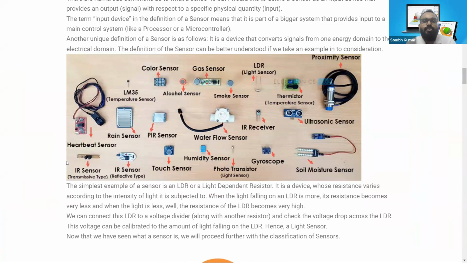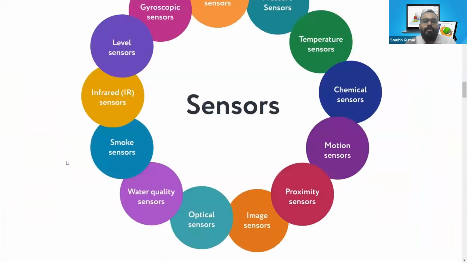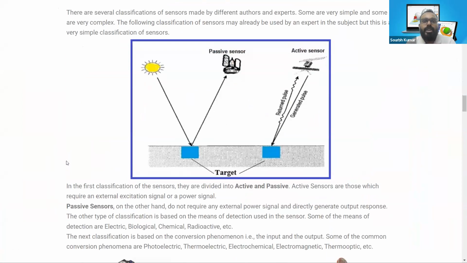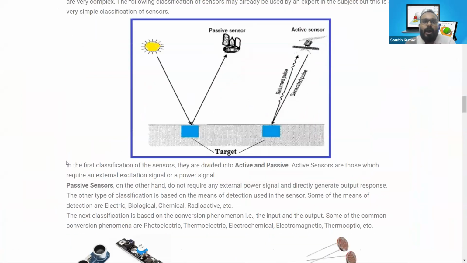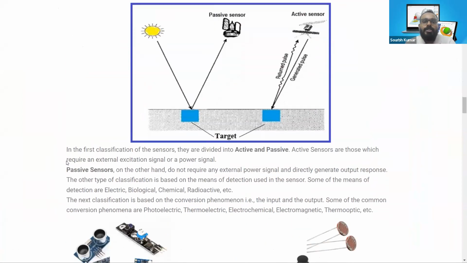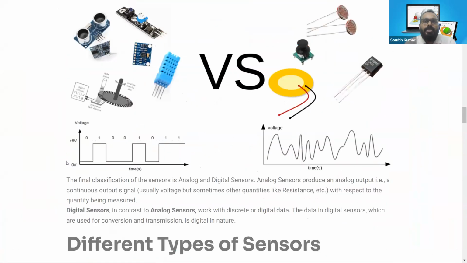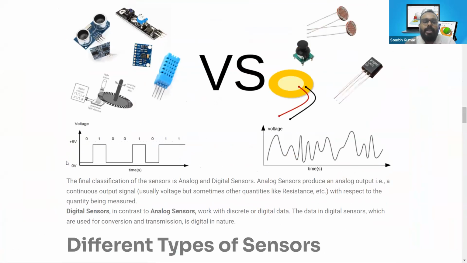But on the other hand, using the active sensor, we are first throwing out our signal to the environment, and then upon reflection from the surface or the obstacle, we achieve the result, where the brain can identify that something is there in front of the device itself.